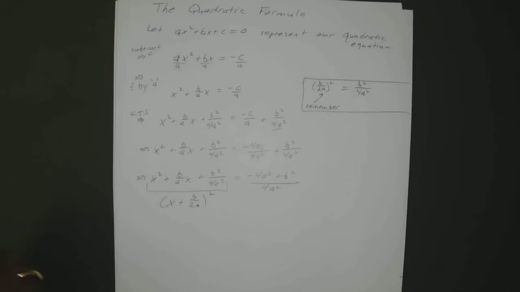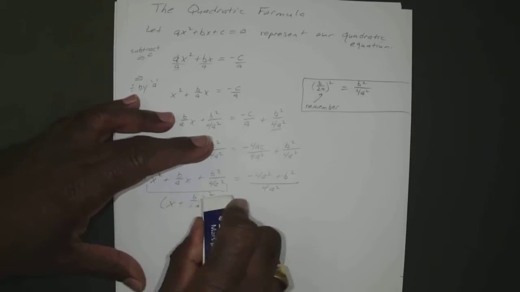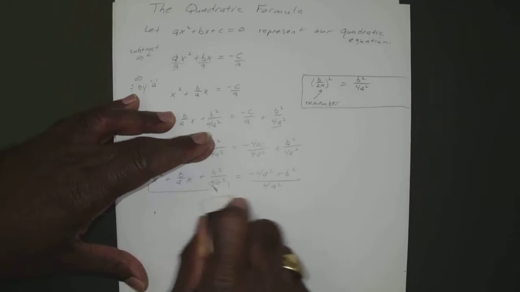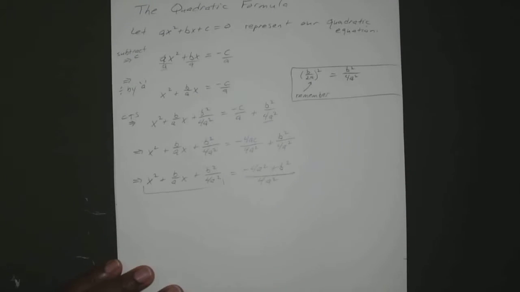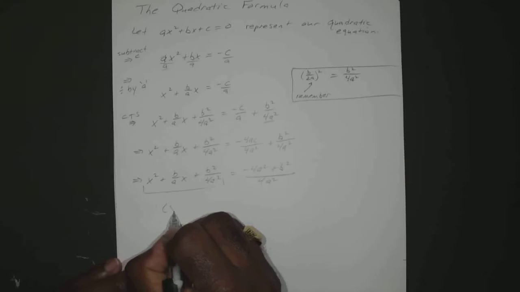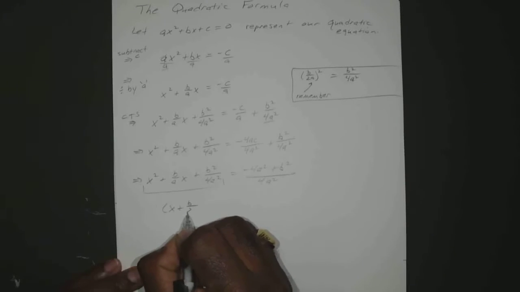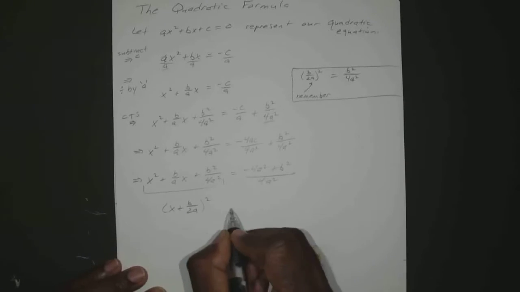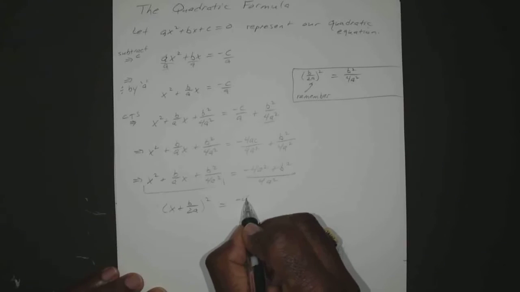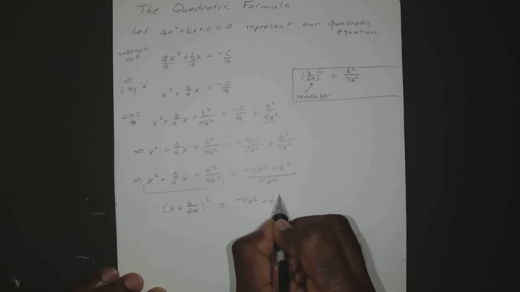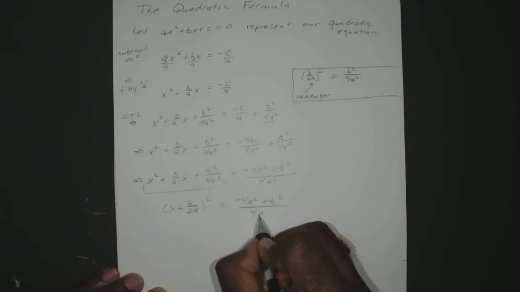Oh, I should have made that a little bit lower. Okay, so we have x plus b divided by 2a squared equals negative 4ac plus b squared divided by 4a squared.